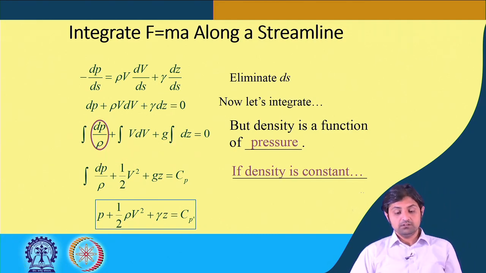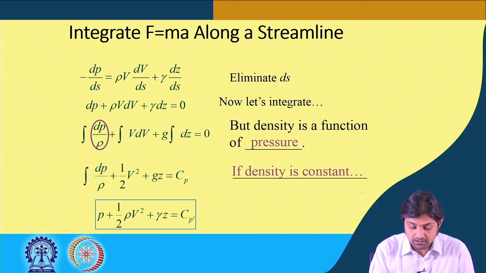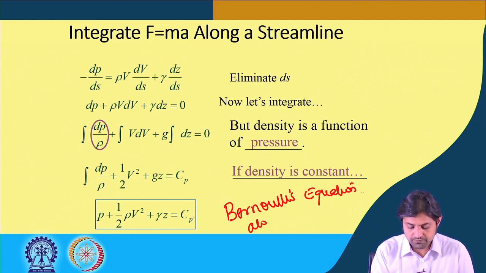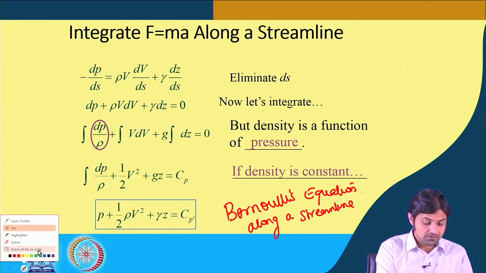So what we have done is written the equation along the streamline, applied force is equal to mass into acceleration along a streamline, integrated it, and obtained Bernoulli's equation along a streamline. This is one of the ways of the derivation.